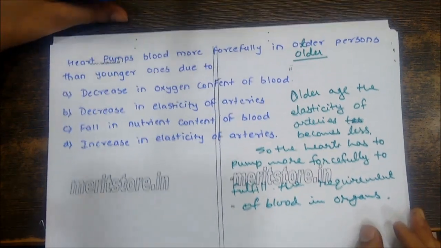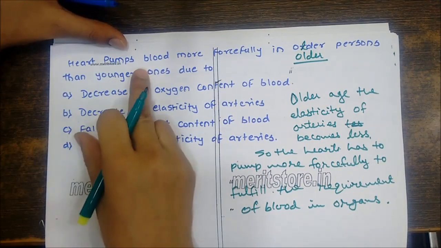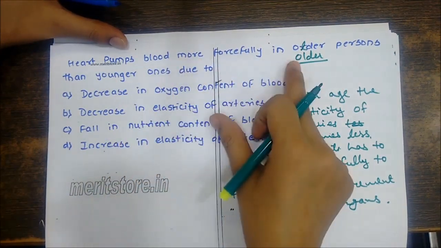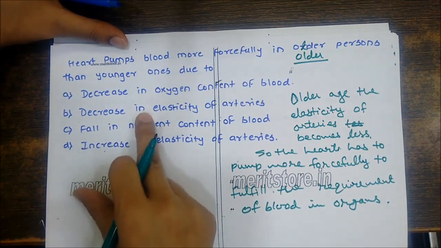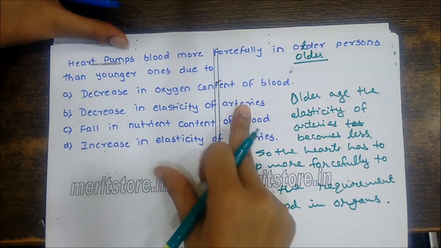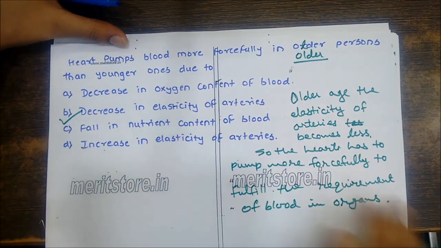So the heart pumps blood more forcefully in older persons than younger ones due to the decrease in elasticity of arteries. The answer is B.